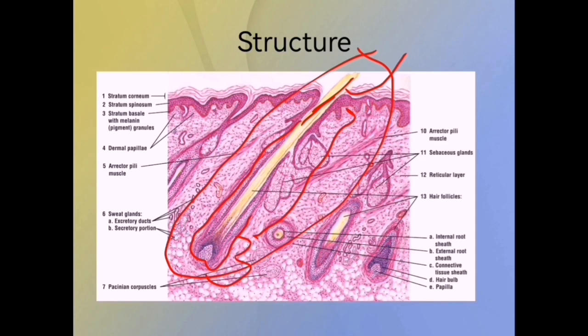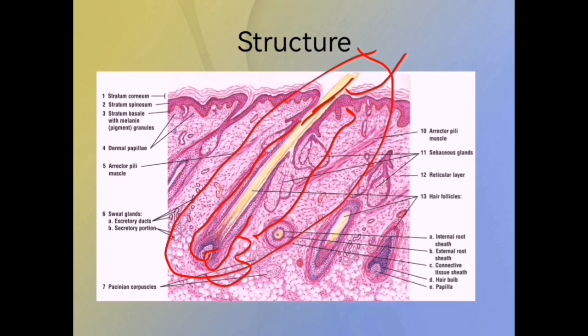In the hair bulb we have the dermal papilla, and we have a layer of stem cells, the stratum basale, and this layer will give rise to the cells which will form the hair. This region has a dermal papilla, and it also has the blood vessels which will supply the hair as it grows.